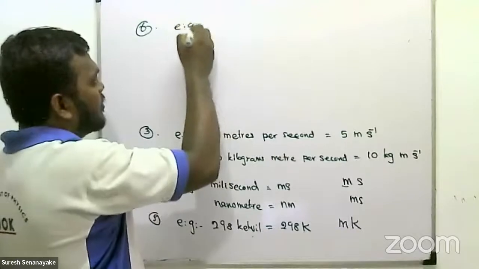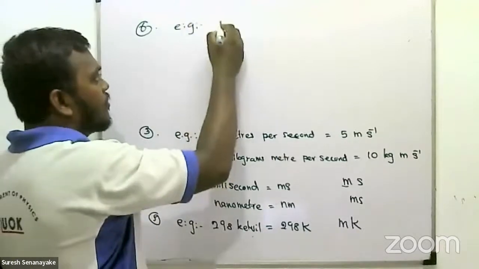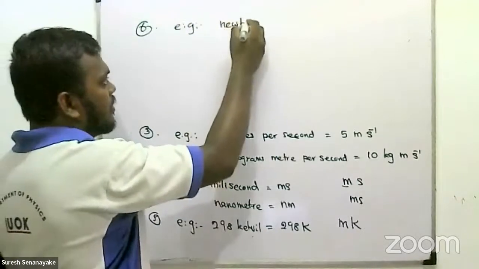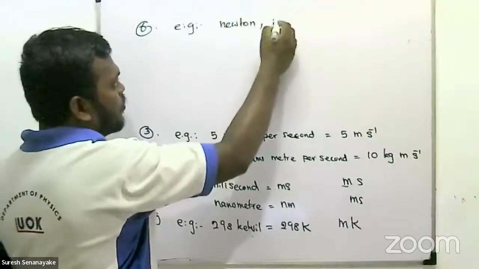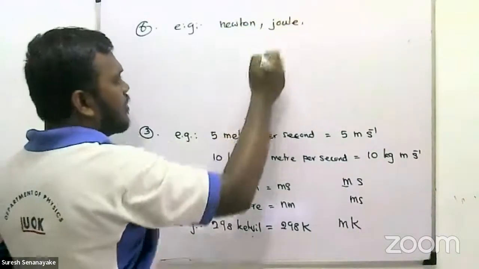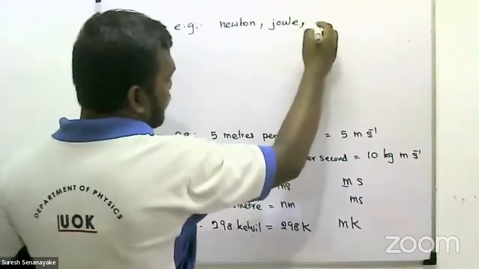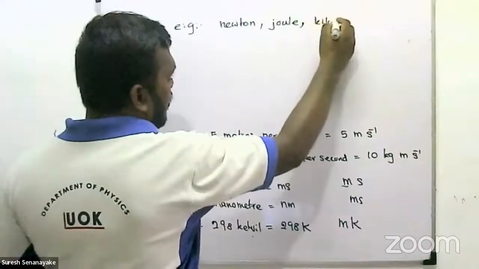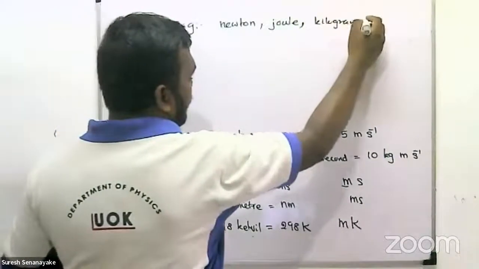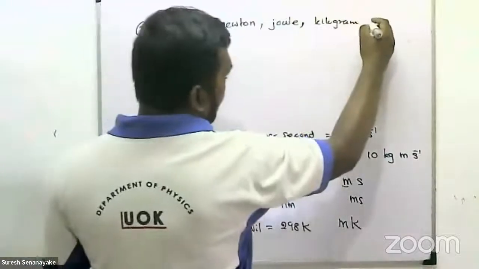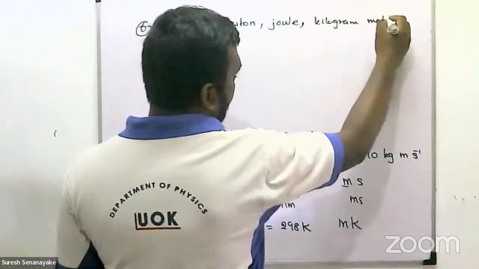Let's see examples: newton, joule, kilogram, meter per second.